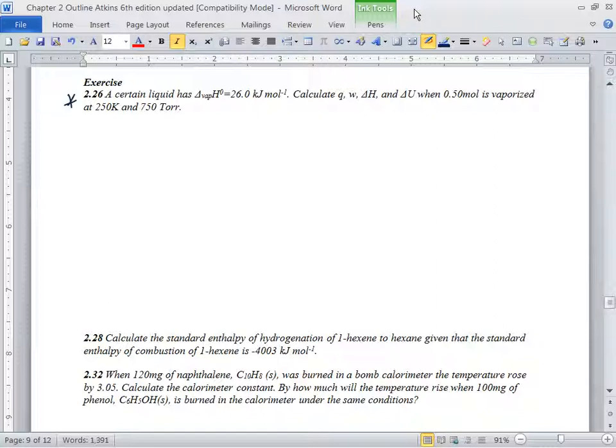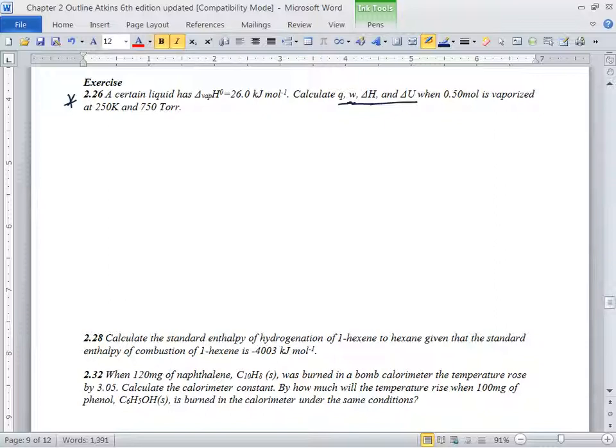Okay, so they give us the enthalpy of vaporization. They want Q, W, change in enthalpy, and change in internal energy when a half a mole is vaporized at 250 Kelvin, 750 torr.